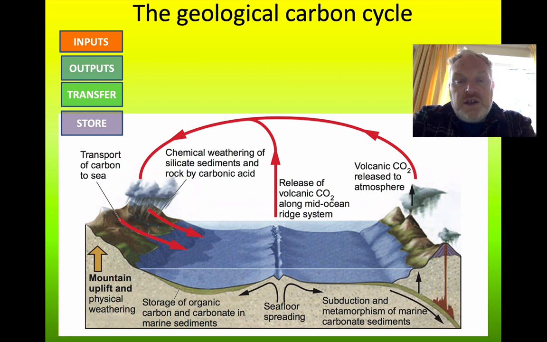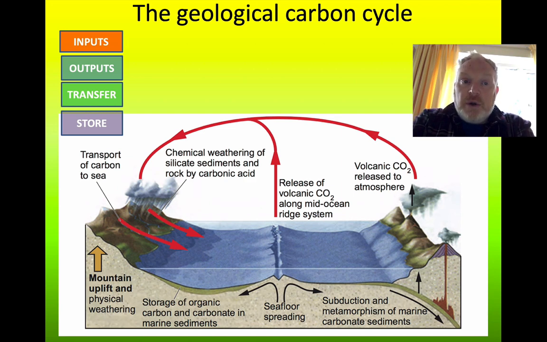Now, what I'd like you to do is have a go at question 6. So this involves trying to identify on this diagram where we see the different inputs, outputs, transfers, and stores from the atmospheric part of the cycle. So we're thinking about this just in terms of the atmosphere.